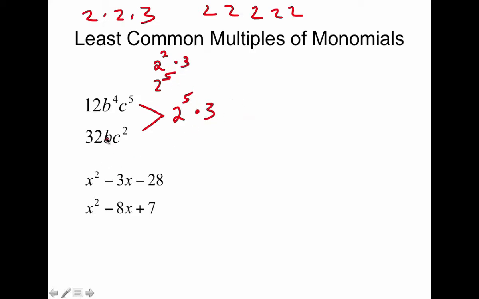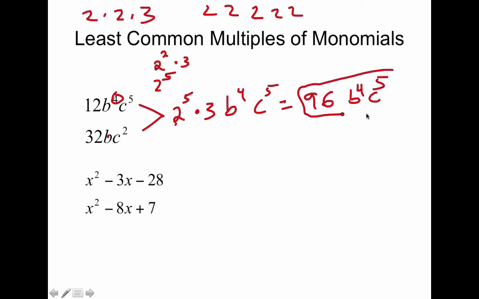I need a b, and I need the higher exponent, so I'll take the 4th. I need a c, I need the higher exponent, so I'll take the 5th. So my least common multiple is 2 to the 5th, or 32, times 3, which is 96, b to the 4th, c to the 5th.